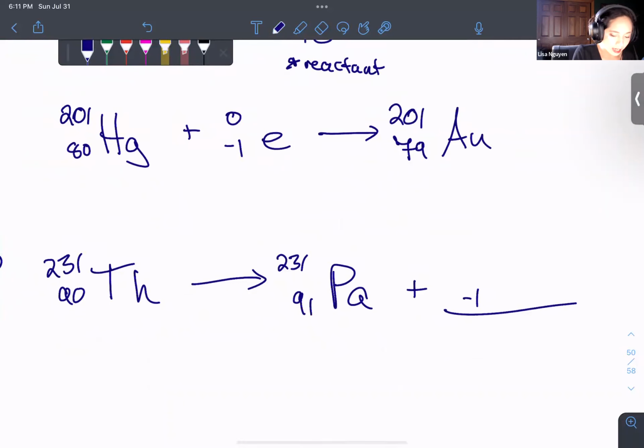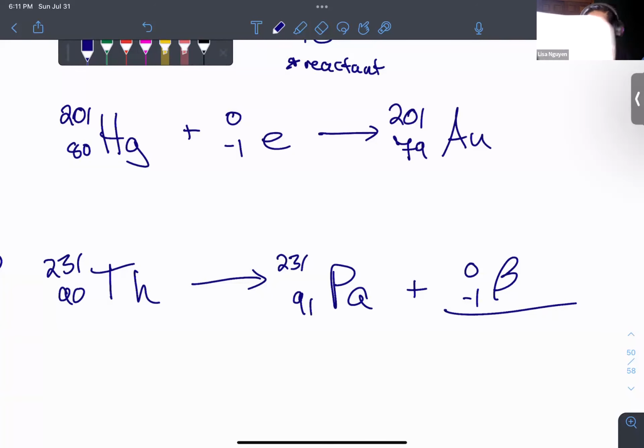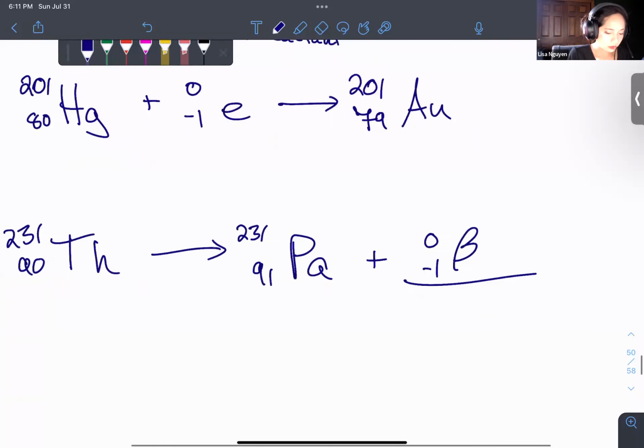If I have a -1 charge in the proton placement and a 0 mass number, this would be balanced. And from these numbers, I can recognize that this is a beta particle. I put an electron initially, but this is essentially a beta particle. So, beta particle emission.